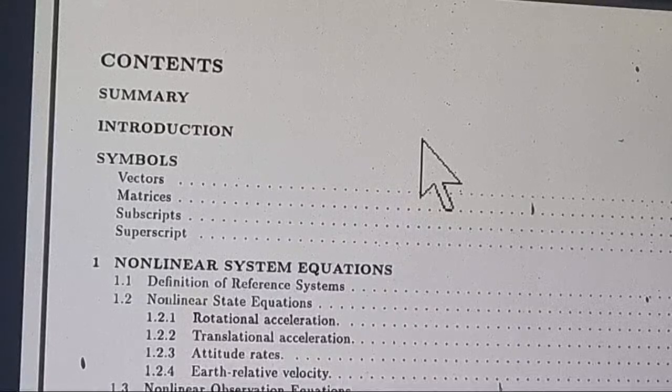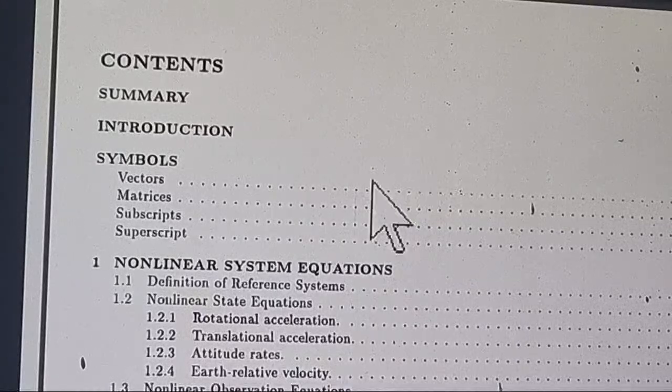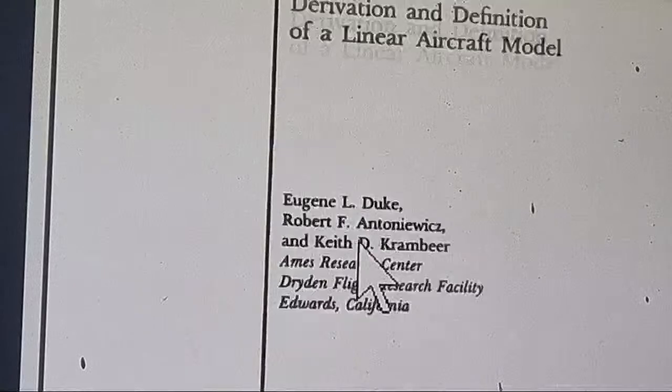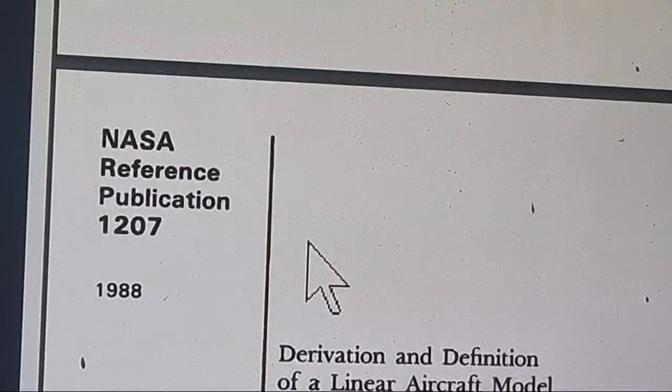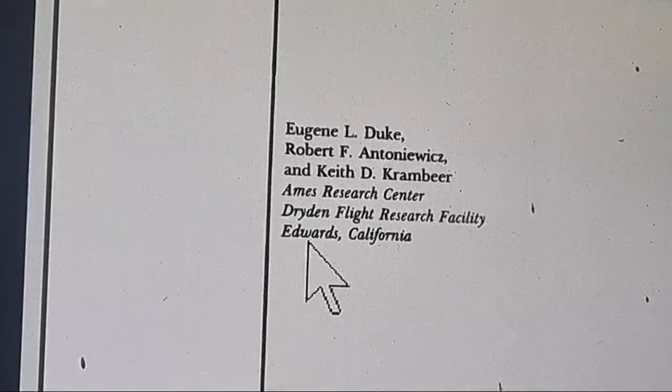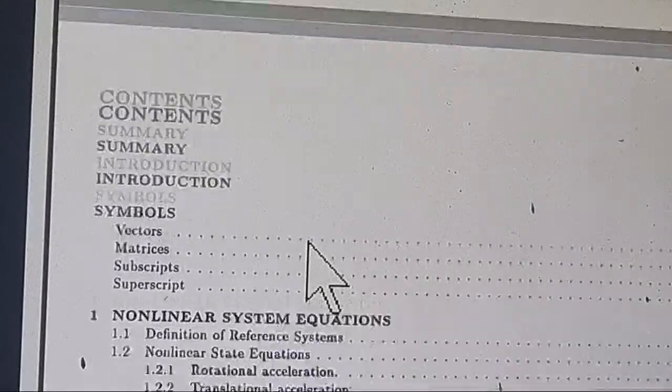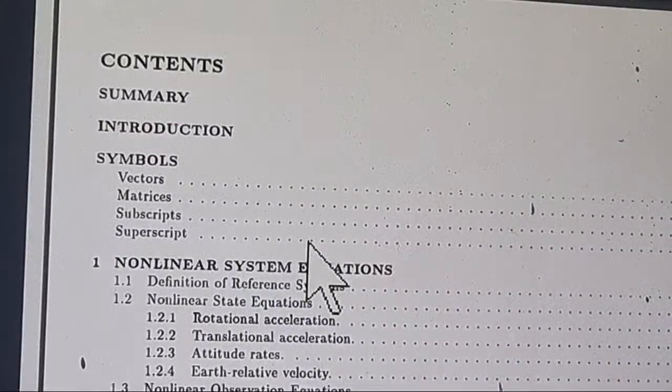Okay, so this is, once again, I'm going to go up to the top for the people that are just coming in. This is NASA reference material, publication 1207, published in 1988. This teaches pilots and or astronauts, because astronauts typically were pilots before they became astronauts.